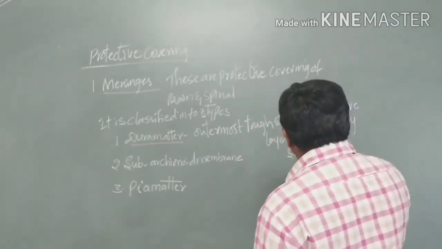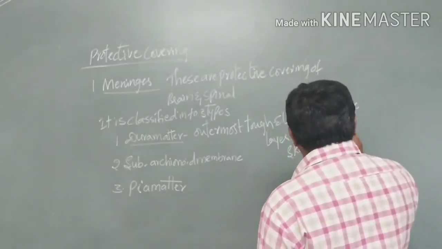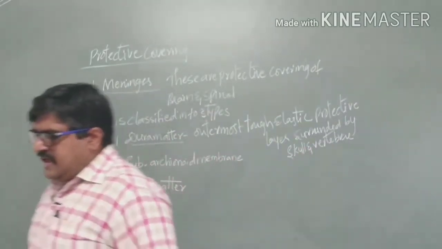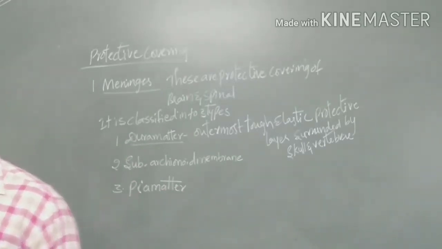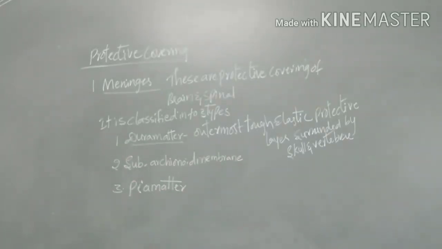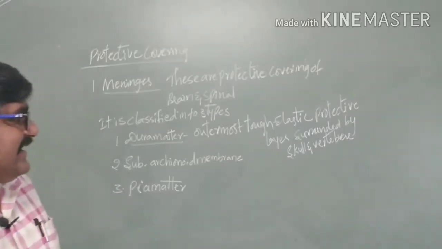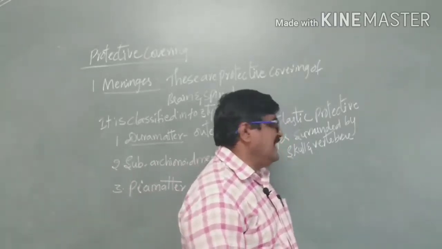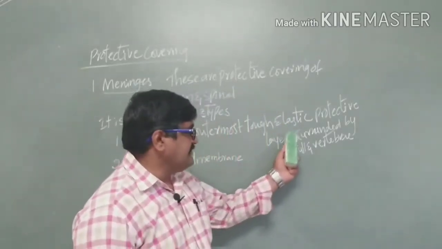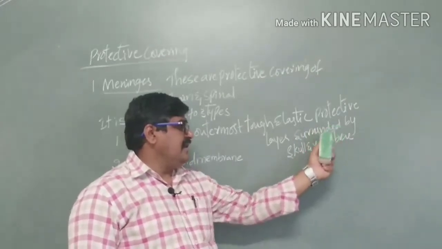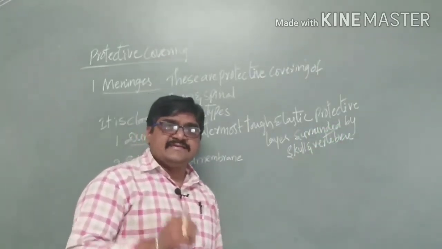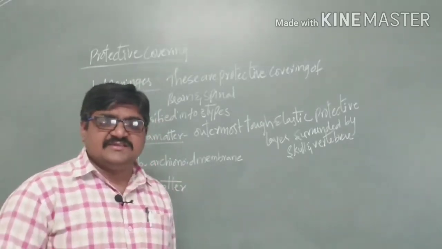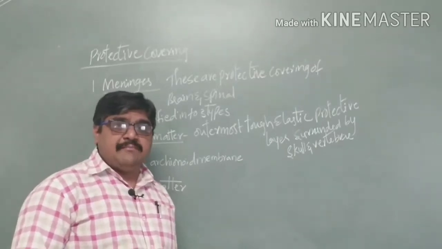It is attached to the skull as well as the vertebrae. Such a layer, the outermost tough and elastic layer attached to the skull and vertebrae, is called the dura mater.